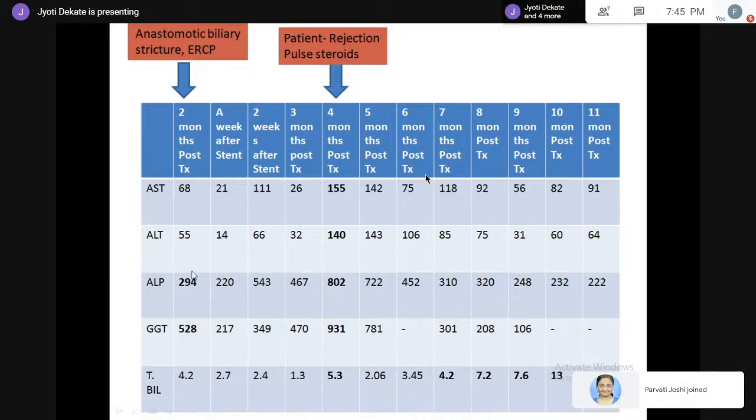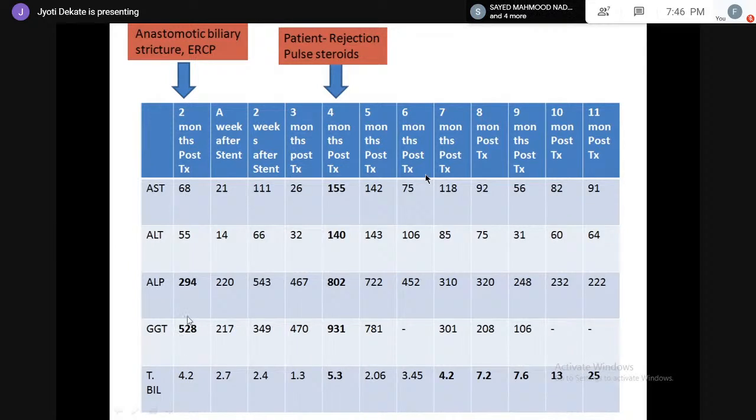We can see here the hepatocellular enzymes during the course from 2 months to 11 months, despite these events of biliary stricture or rejection, are not much elevated as are the cholestatic liver enzymes. They are quite fluctuating here, and so are the bilirubin levels.